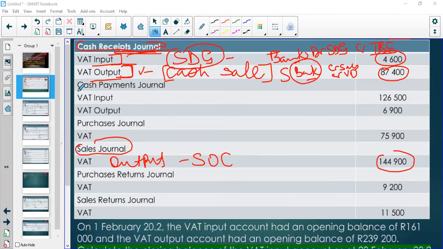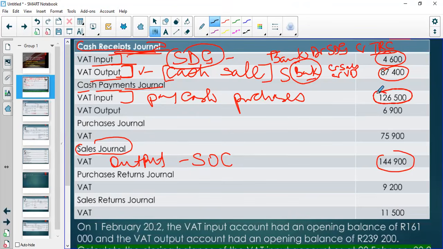So if you look at your cash payments journal, the VAT input in your cash payments journal means that we are paying cash. So these are cash purchases, right? The VAT portion of the cash purchases is here. If we buy on credit, then it's going to be in the purchases journal, and it's going to be the VAT input, right?